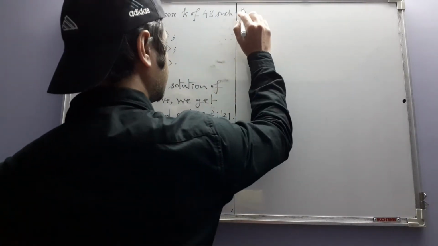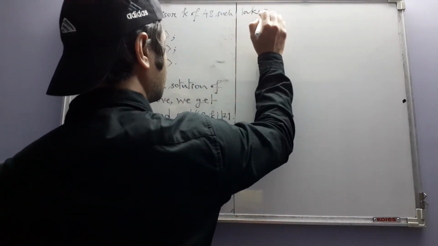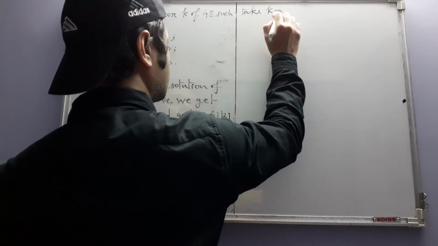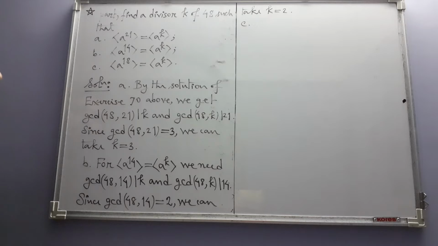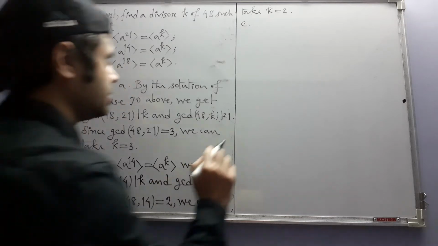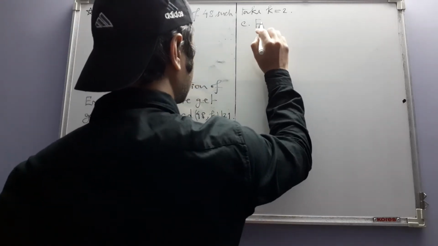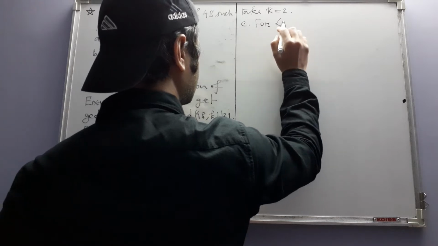So we can take K equal to 2. Then in part C, the number is 18.